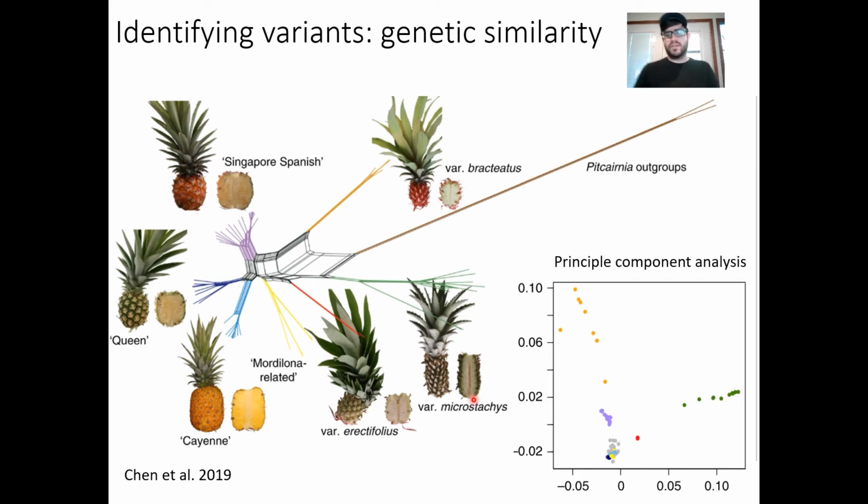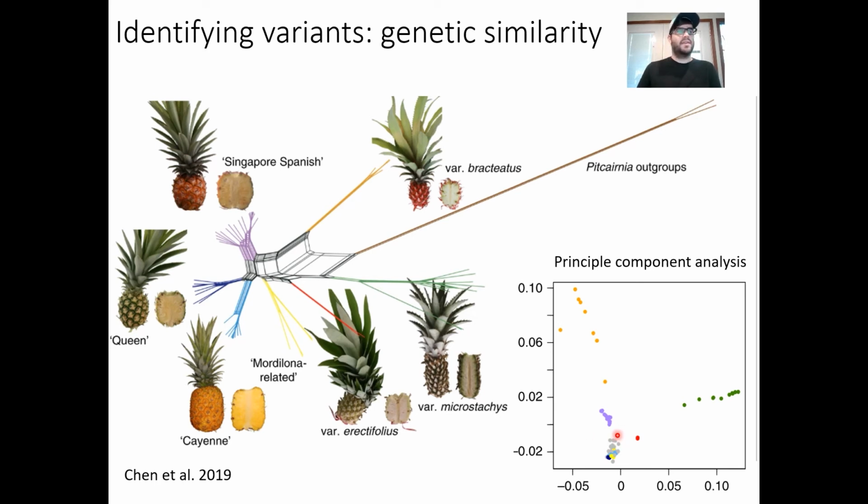We can also run a principal component analysis, so if you think back to the last notebook, we can use this character matrix as an input for that. We can filter it, transform it, and run a PCA or some other type of dimensionality reduction. Again, here we can see all of our cultivars down here, clustered really closely together, so pineapple has a narrow domestication history.